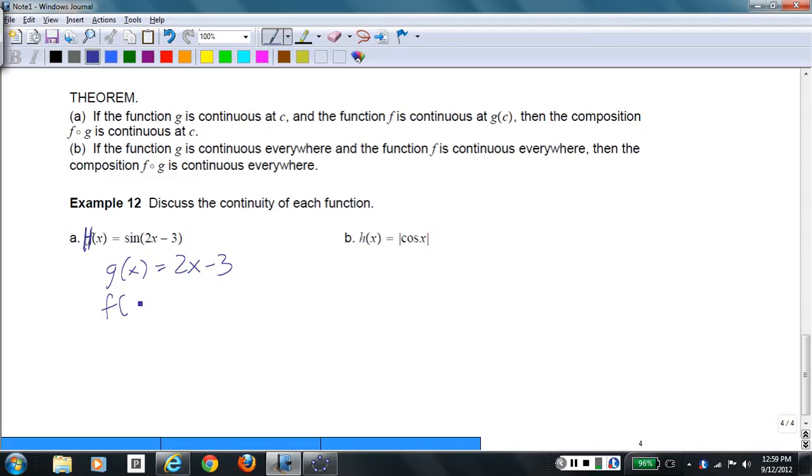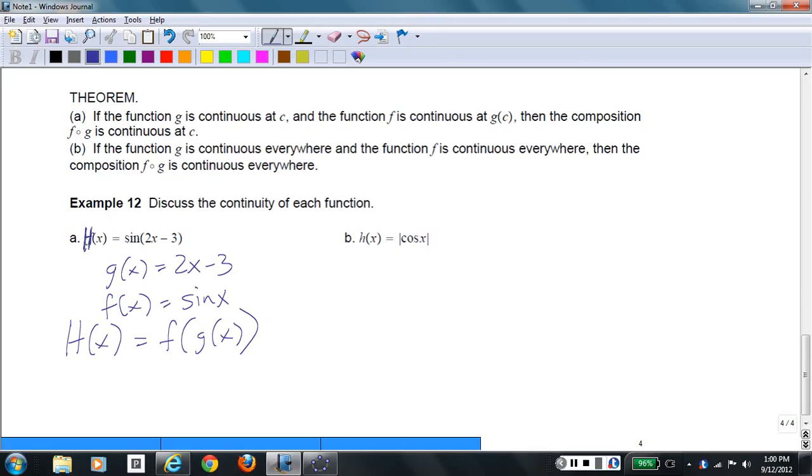And let f of x be the function sine x, we have not proven, but we have stated and believed that the sine function, by what we know of it, is continuous everywhere. So big H of x then would be the composition f of g of x, and according to the theorem above, since f and g are both continuous everywhere, likewise is the composition of these continuous functions.